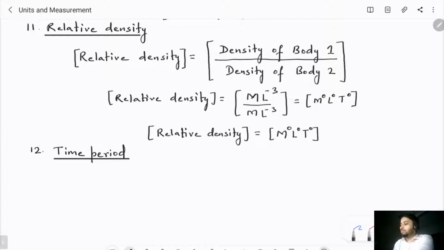So the dimensional formula for time period will be same as that of time. So in standard form we can write it as m to the power 0 L to the power 0 t. Okay.